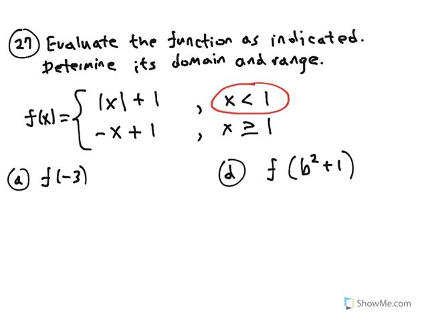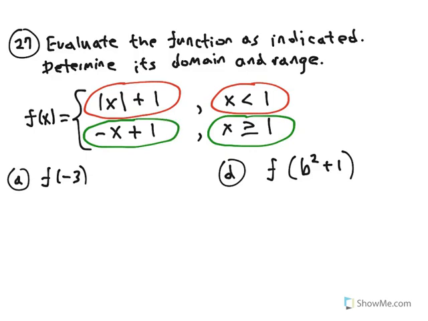So if the input value is less than 1, this is the rule for the function. If the input value is greater than or equal to 1, you use this other rule for the function. And the two rules together make up the function for all possible values from the domain of the function.